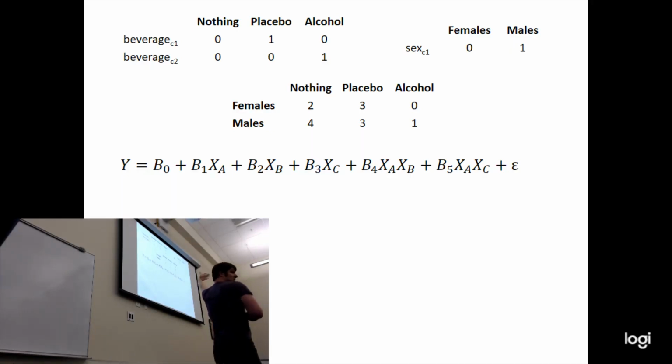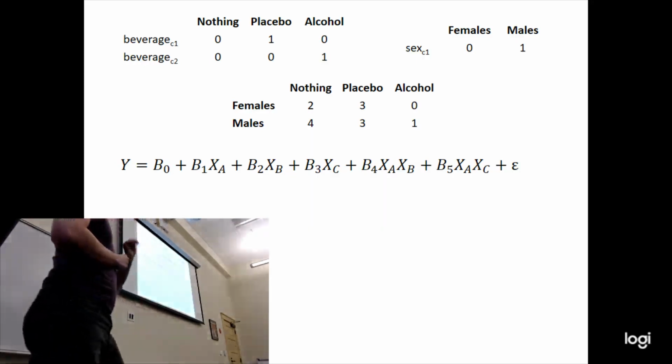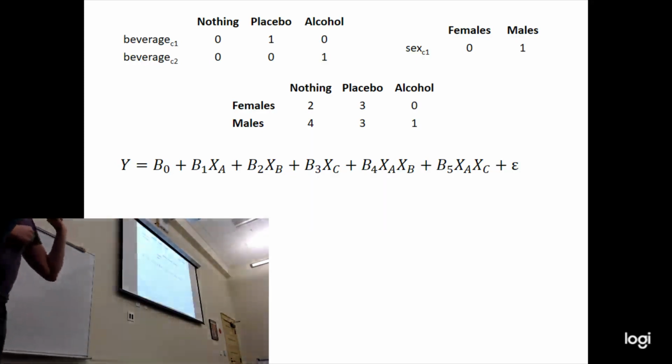It will be possible to fill in all of these coefficients using that table of means. I'm not going to do that right now, but that might give you some sense of how this equation connects back up to the table of means and the contrast coding.